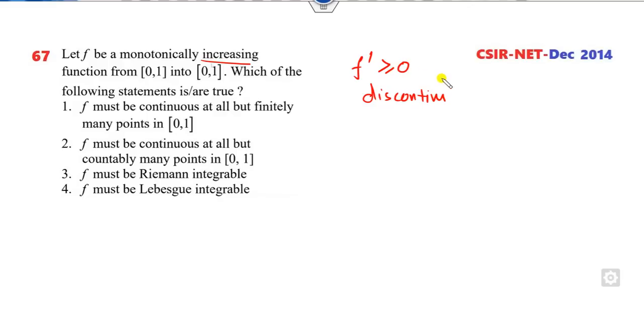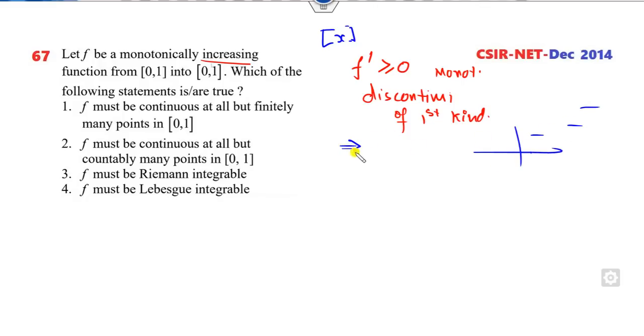Every monotonic function has discontinuities of the first kind. Like the greatest integer function, which is monotonic. They always have discontinuities of the first kind. And how many discontinuity points are there? They are always countably many discontinuous points.